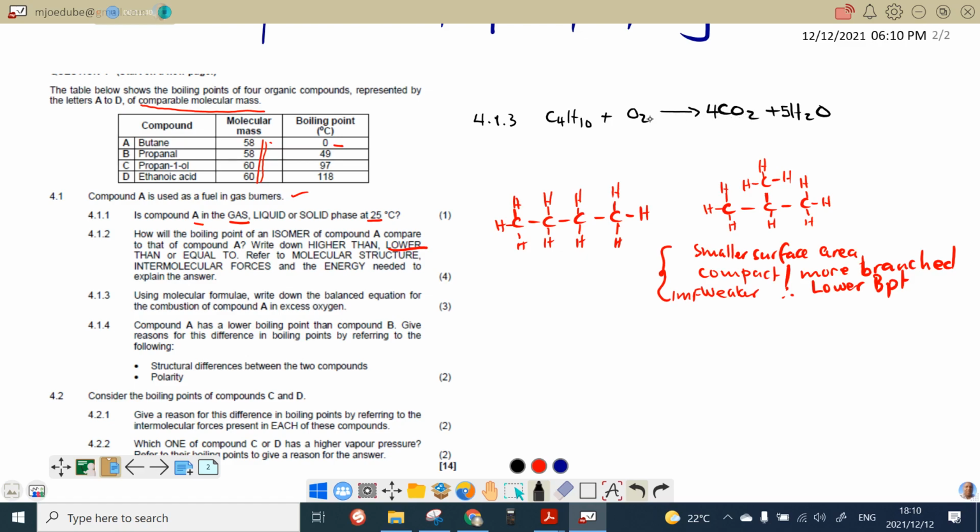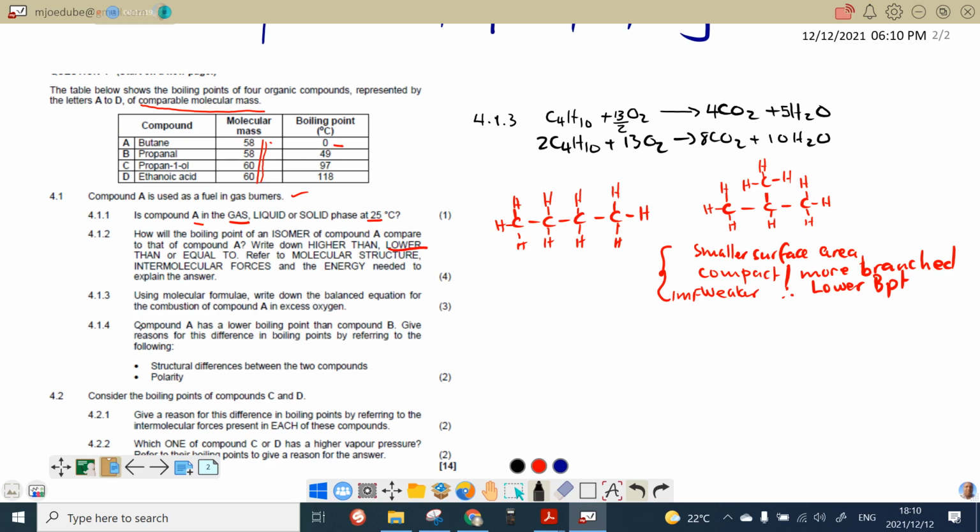The total number of oxygens is 8 plus 5, that's 13, so 13 and a half, 13 over 2. So if I multiply everything by 2, I'm going to end up having 2C4H10 plus 13O2 to give me 8CO2 plus 10H2O, just to get rid of getting a fraction of a mole.